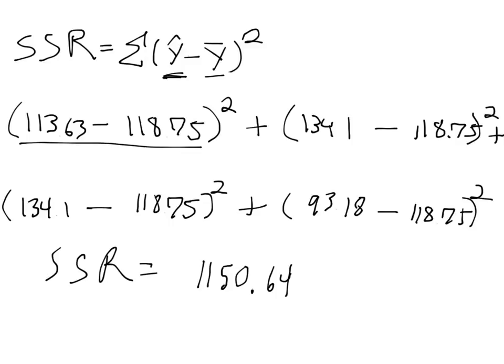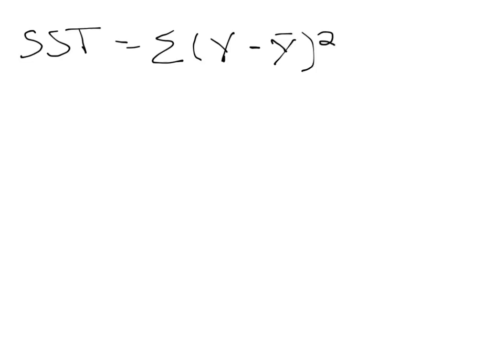Okay. The last sum of squares that we need to find then is the total sum of squares, so SST, and this is our value of y that we observe compared to y bar, squared. So it has the same general format.